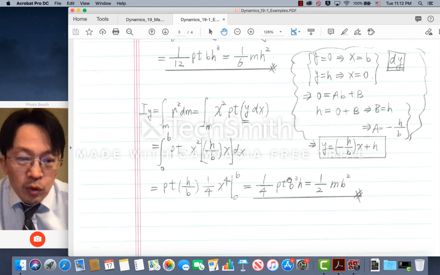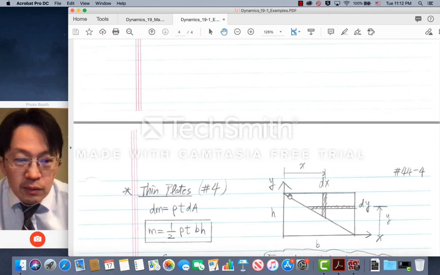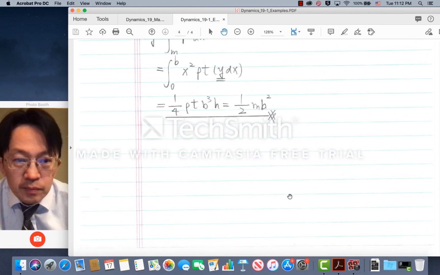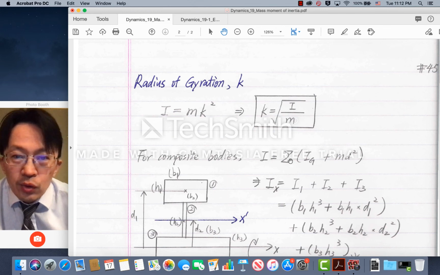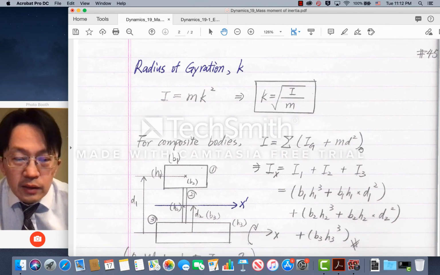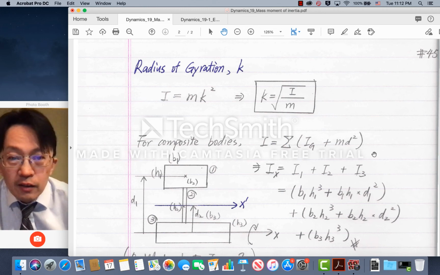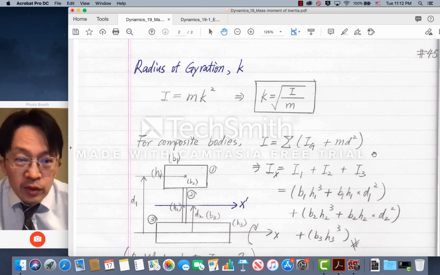These are simple mathematics which I believe that you can practice at home. After that, we also talk about the definition of radius of gyration. And in the next lecture, I will show you there are other properties of mass moment of inertia that we can utilize in determining the mass moment of inertia of complicated objects.